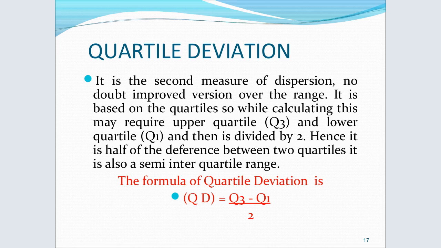Then you divide by Q3 plus Q1. So that is the coefficient of interquartile range. It is given by Q3 minus Q1, that is the interquartile range, divided by the sum of the Q3 and Q1.